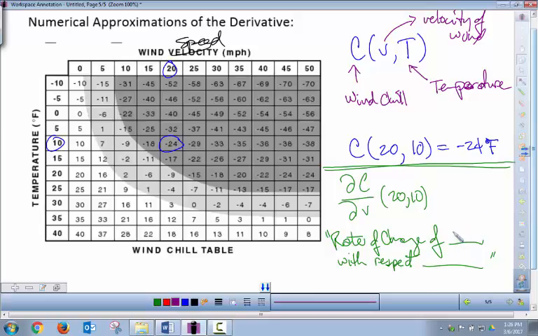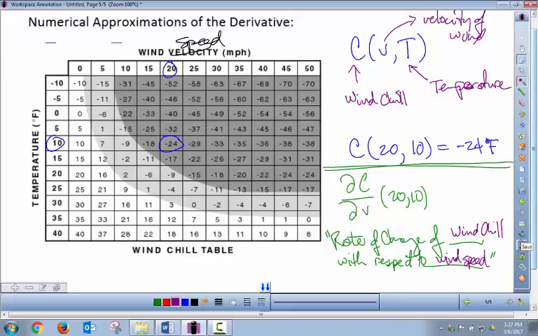So the rate of change of wind chill with respect to, there's a 2 here, the wind velocity. I guess we got corrected, it should be speed, wind speed.